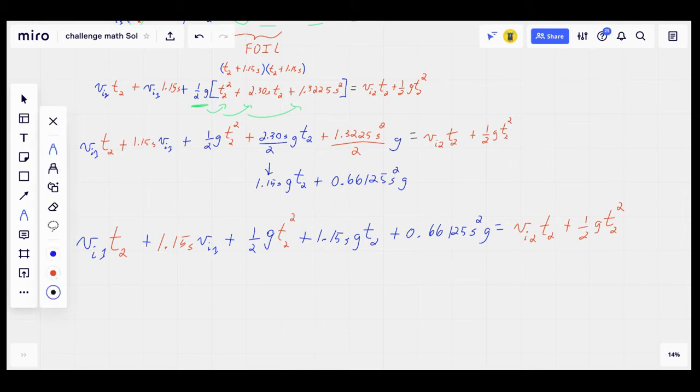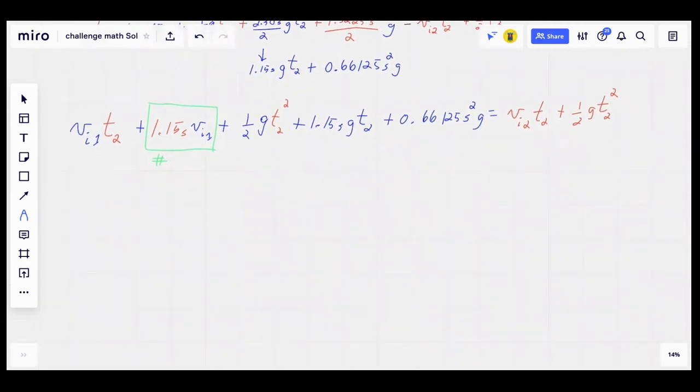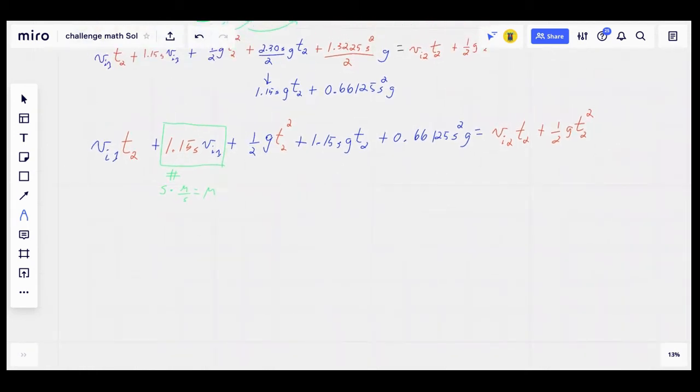So let's look at what we've got here as far as just numbers and variables and so on. Because I know the V initial of ball 1 is 15, this is going to end up being a number, all right? And the units are going to be seconds times meters per second, which is going to be meters. Okay, so that's fine.